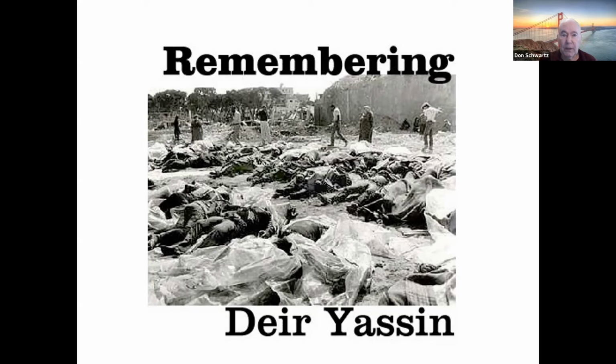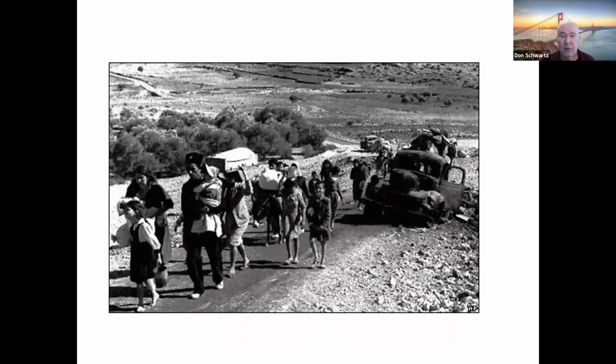And as a result, more than 300,000 Arabs fled their homes in Palestine to seek refuge in neighboring Arab countries. Now, it should be pointed out that Jewish sources also exaggerated the extent of the Deir Yassin massacre in hopes of frightening Arab residents to flee.